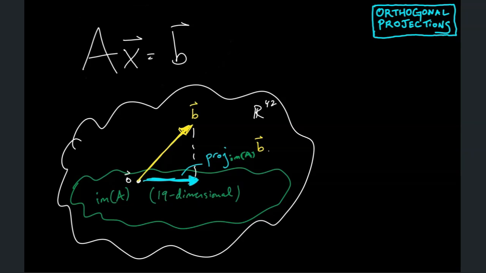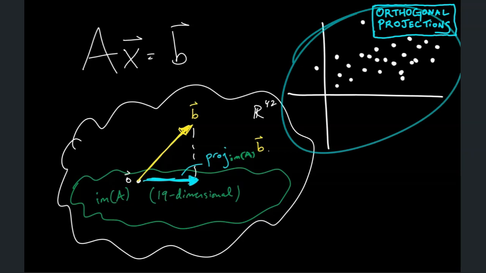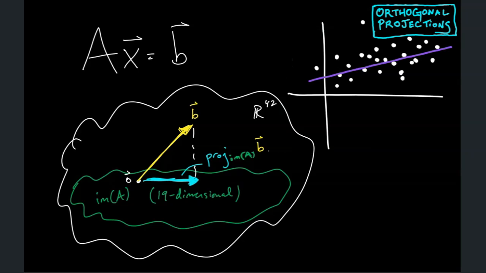To mention very briefly an example that we will dwell on two videos from now, everyone has seen graphs like this, where we have a scatter plot of data. The data could be anything. It could be having to do with medicine, or economics, or politics, or sports, or physics. But we end up with some kind of scatter plot, and then through that plot, some mysterious line is threaded.